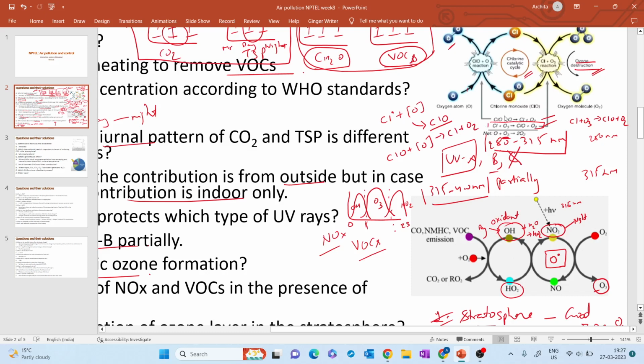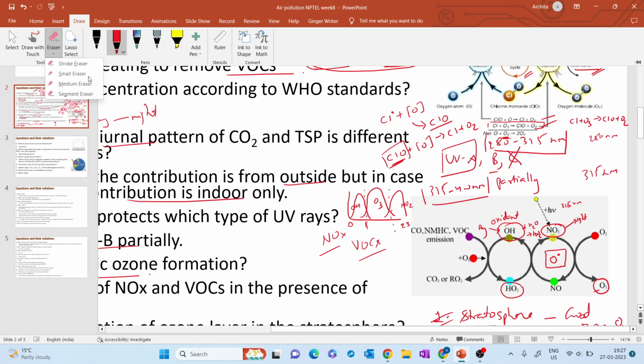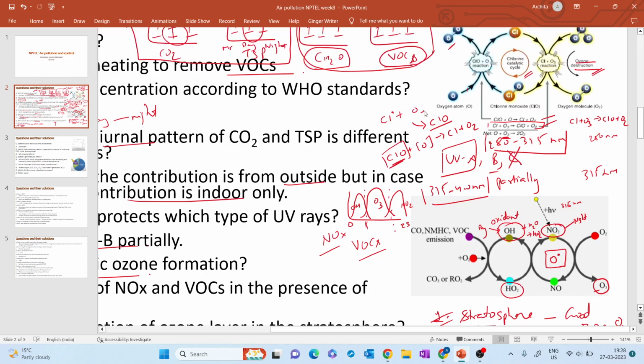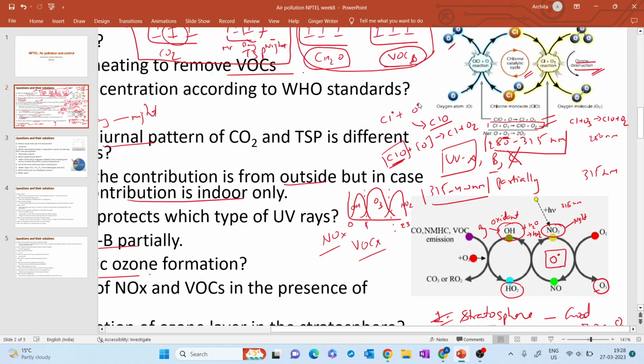So there is one step missing, that this chlorine oxide is forming by reaction with the already present ozone molecule, or these oxygen radicals. Either one reacts and forms ClO.